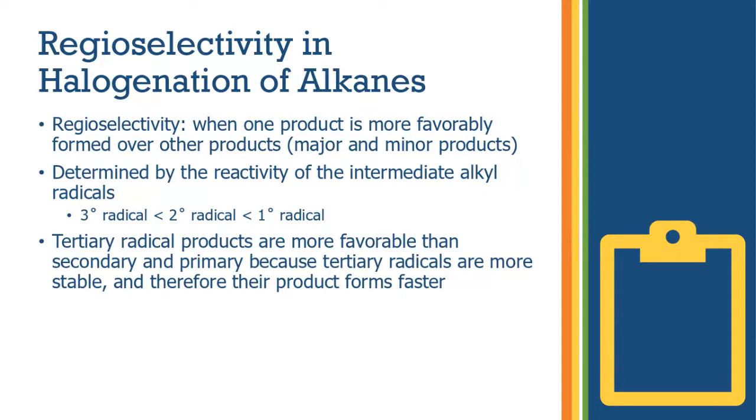Those arrows are supposed to go the other way, my bad. But you guys know this. Tertiary radical products are more favorable than secondary and primary because they're more stable, so they can be formed faster. That reaction mechanism goes faster and therefore forms more products.